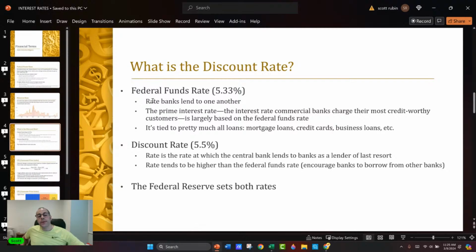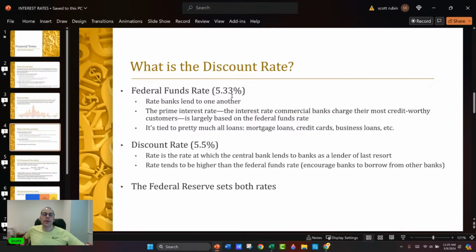So right, the Fed funds rate is the rate banks lend to each other. And the Fed funds rate is tied to the prime interest rate. So usually if you get a loan, you're not going to pay 5.33%. And there was a time the Fed funds rate was like 0.5 of 1%, so no one's going to get a loan.